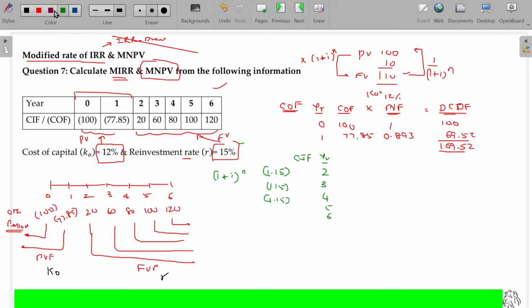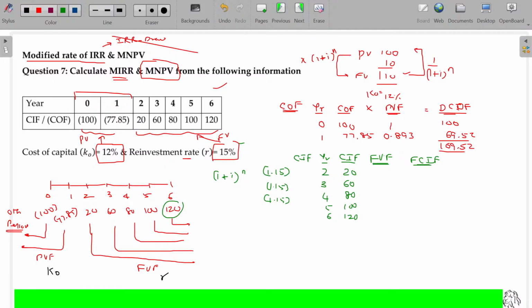Okay, once again, listen. Cash inflow: second year 20, third year 60, then 80, 100, 120. For this, future value factor, and then future cash inflow.